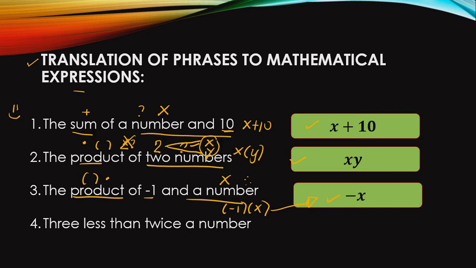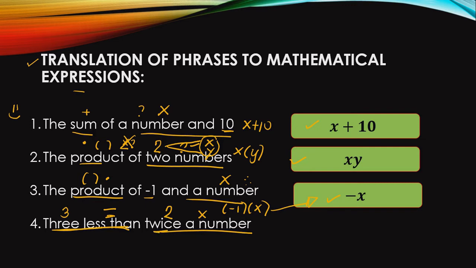Okay? And then number 4 is 3 less than twice a number. Less than is subtraction. Twice is 2, and a number, which we represent with the variable x. The trick here is that 3 less than a number is tricky. You might think it is 3 minus 2x, but actually this is not how it is written. 3 less than twice a number means you subtract 3 from twice a number, because of "less than."